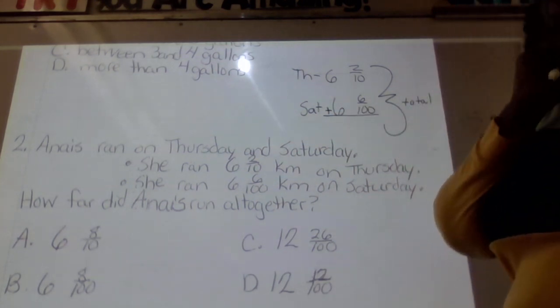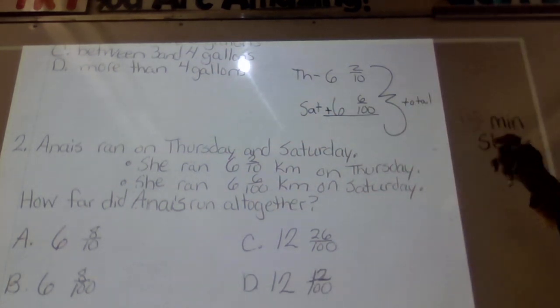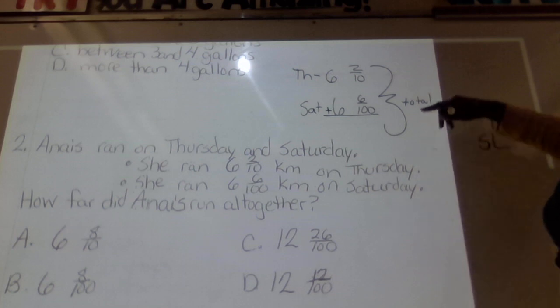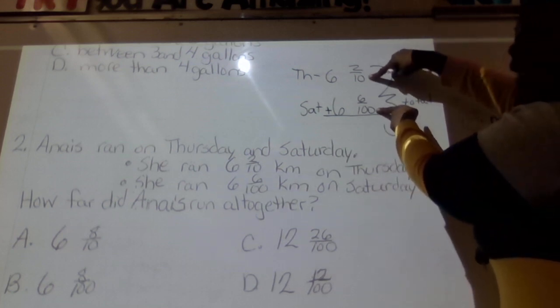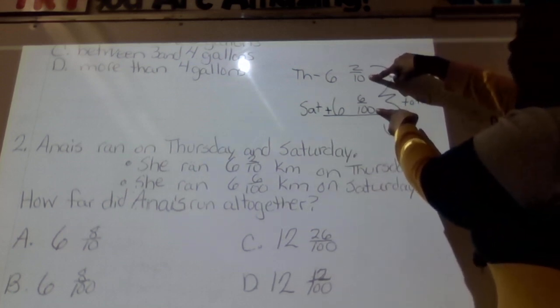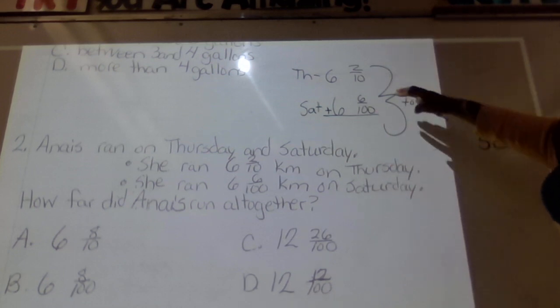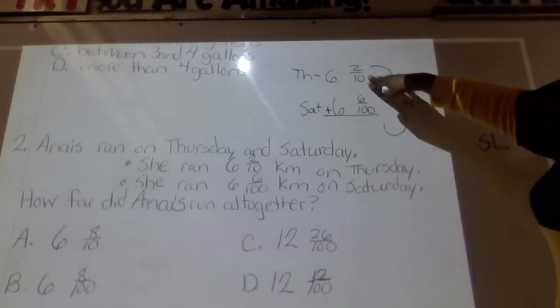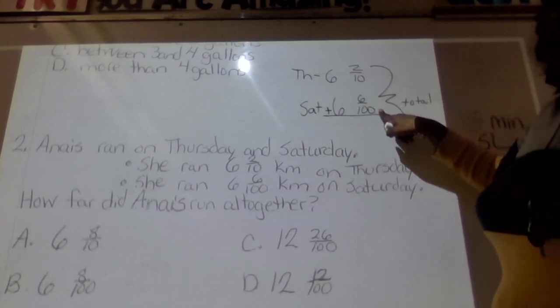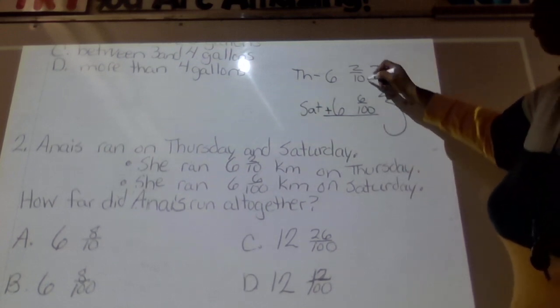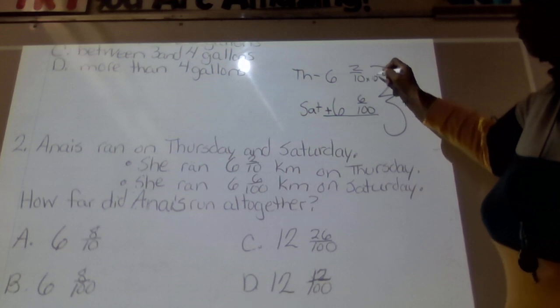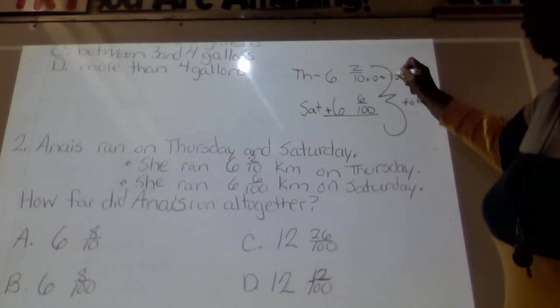But the first thing we have learned when we started fractions is you cannot add or subtract fractions if the bottom number, which is the denominator, is not the same. So what we have learned is the number that has the 10, times what will get us to 100? 10 times 10. So we're going to do times 10 here, and that gives us our 100.